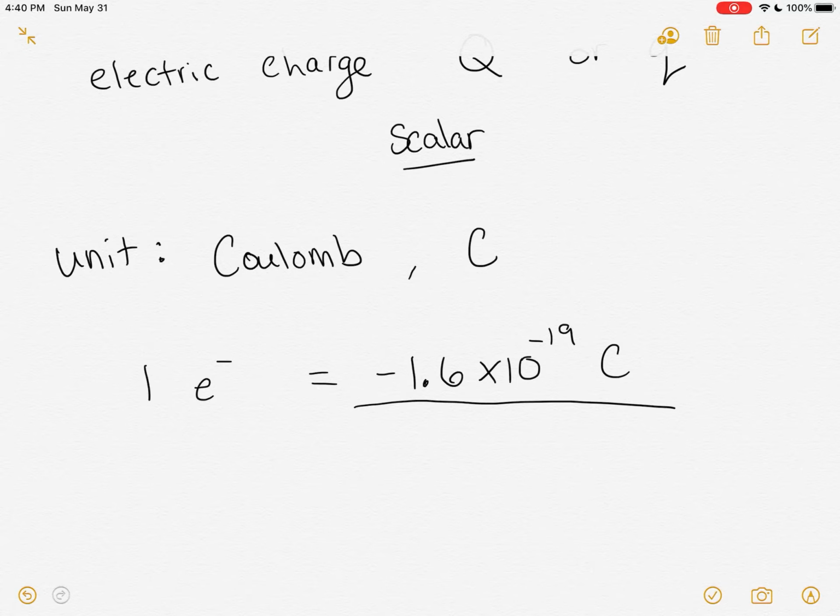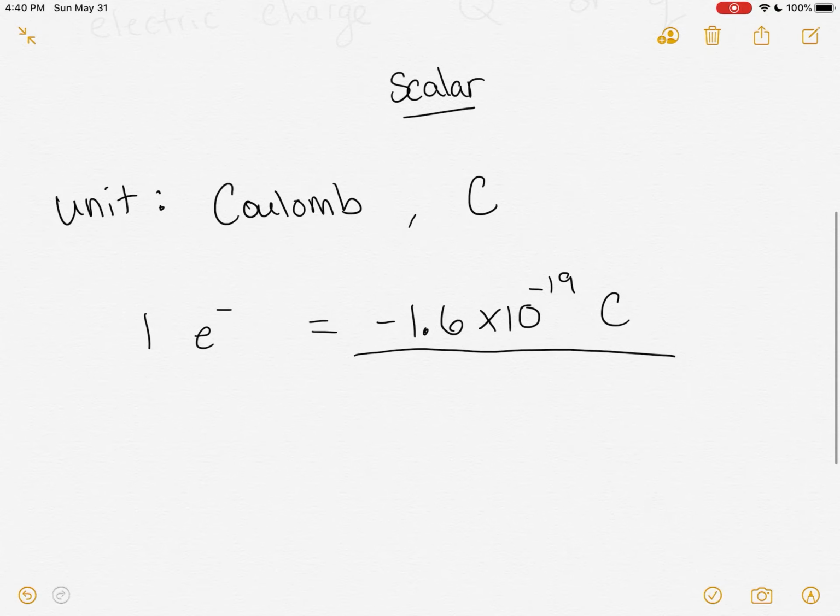So when you're first learning about electrons and protons in the atom, we talk about how a proton has a charge of +1 and an electron has a charge of -1. And that is true in comparison to each other. But the actual unit of charge for an electron is negative 1.6 times 10 to the negative 19 coulombs.